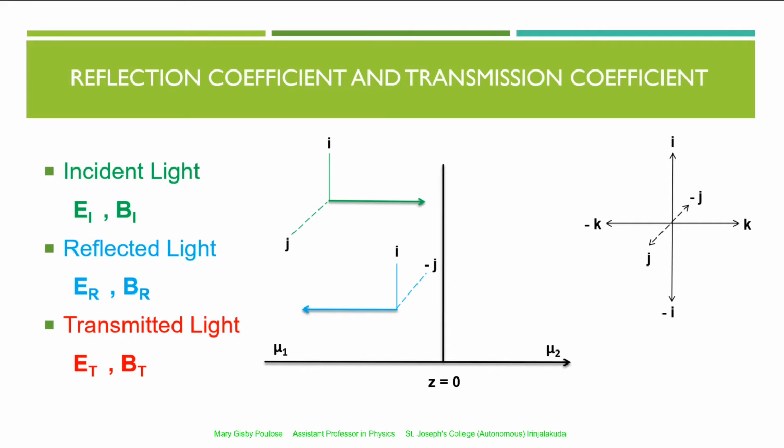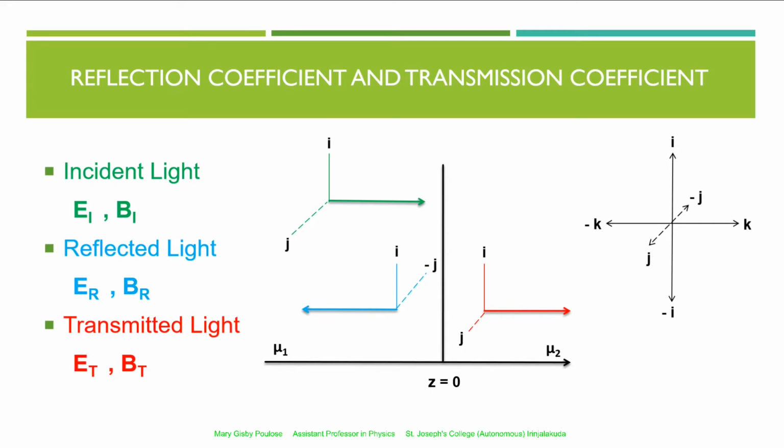The light transmitted through the boundary can be represented by the vectors ET and BT, electric vector ET and magnetic vector BT, that is transmitted through the boundary. The red line represents the transmitted light, and the electric vector ET is along the i axis and magnetic vector BT is along the j axis.